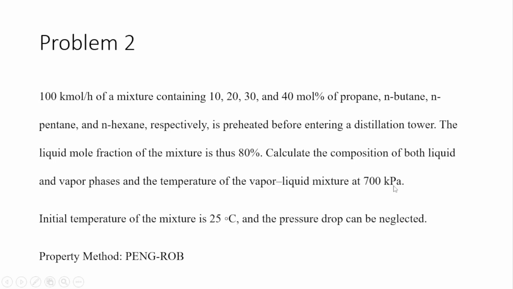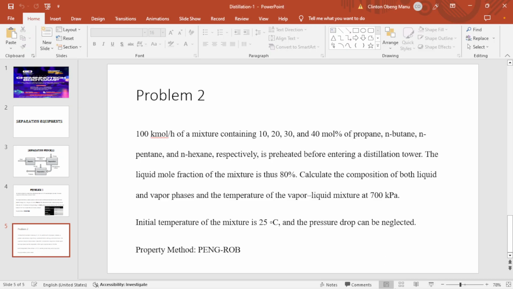The liquid mole fraction of the mixture is just 80%. Calculate the composition of both liquid and vapor phases and the temperature of the vapor-liquid mixture at 700 kilopascal. The initial temperature of the mixture is 25 degrees Celsius, with the property method Peng-Robinson.